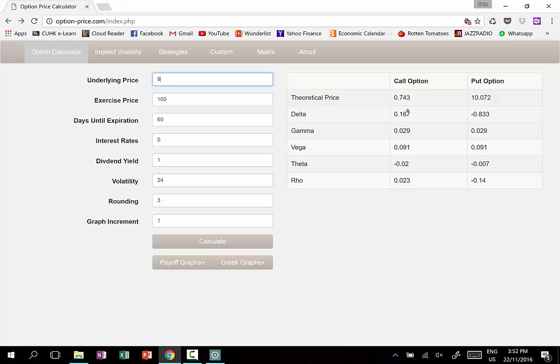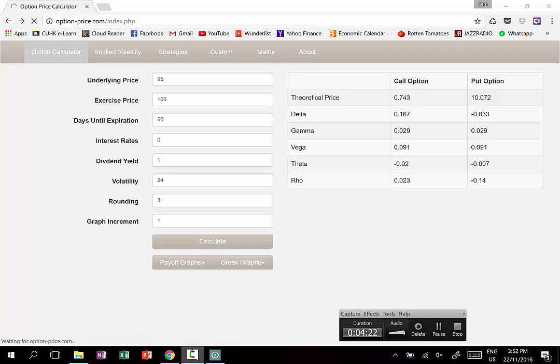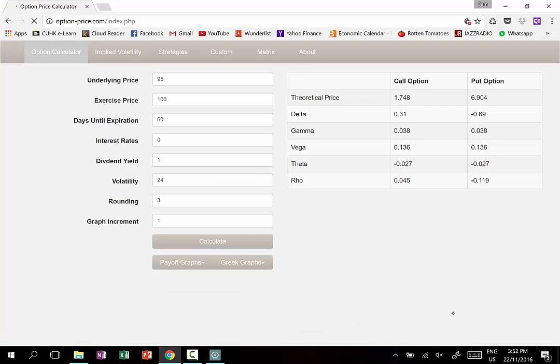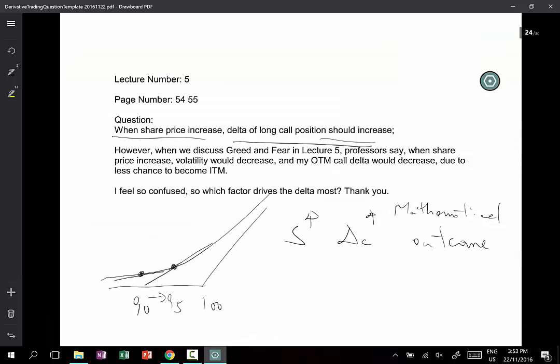Now if the spot price goes to 95, of course the option price will rise, and the delta also will change. And when you do that, the delta has increased. That, as I said, is a simple mathematical reality, or theoretical outcome, so you can't argue with that.